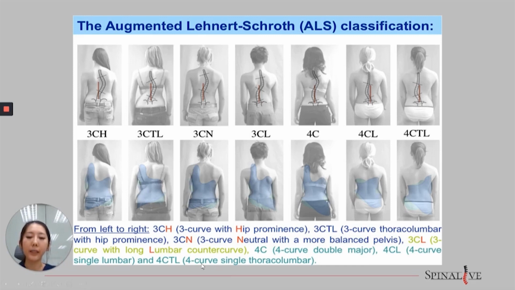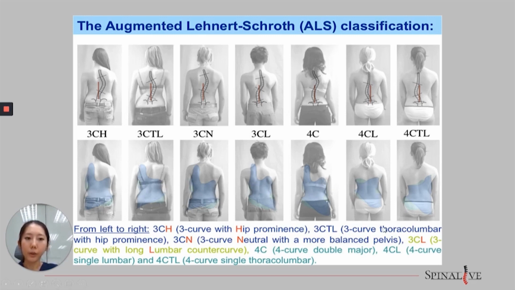And 4CTL curve meaning lumbar and affecting the thoracic spine region, or the apex of the lumbar is close to the thoracolumbar region. So all these are important notes to look at, and you can see for each and every type of curve, the brace pattern is slightly different.